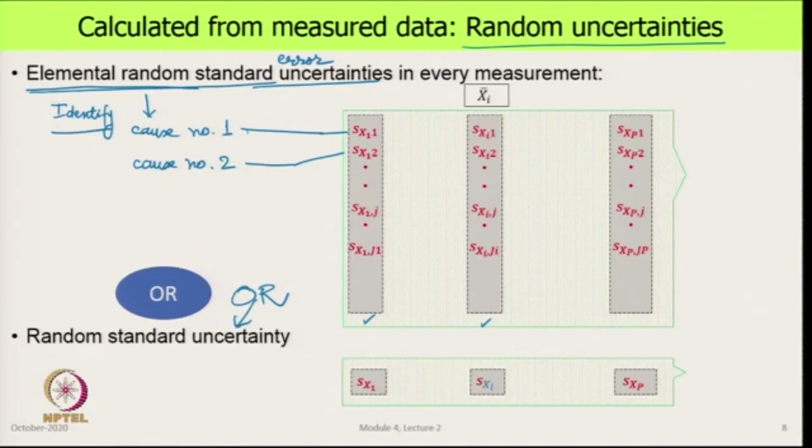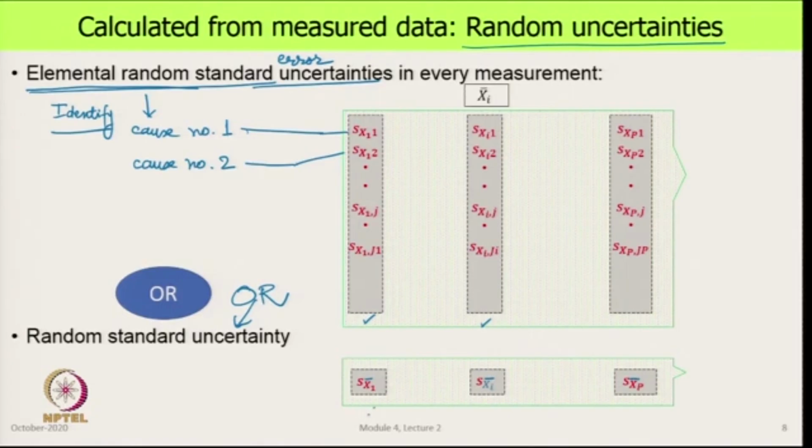We calculate the random standard uncertainty based on the data that we have collected, which I showed on the earlier slide. And from there we can calculate Sx1 bar, Sx2 bar, Sxi bar, Sxp bar. So, that was our data set. We calculate its standard error, and that is the answer.